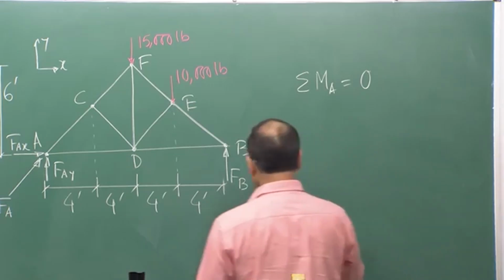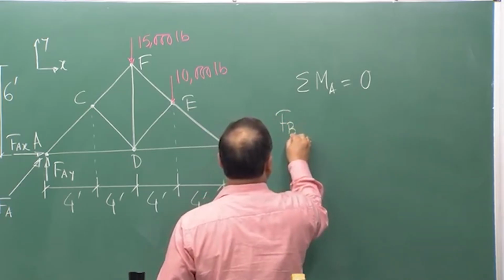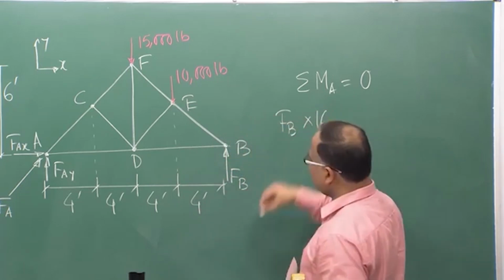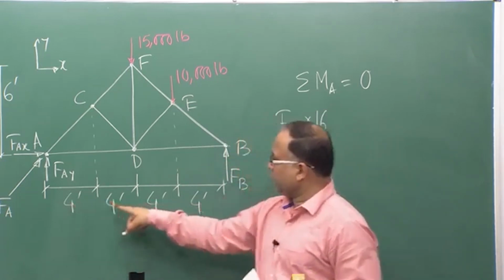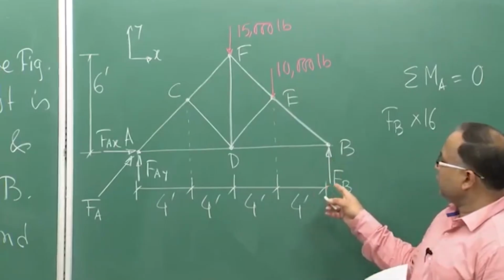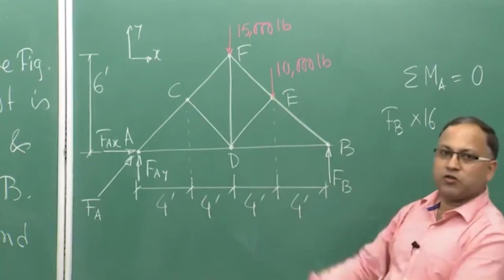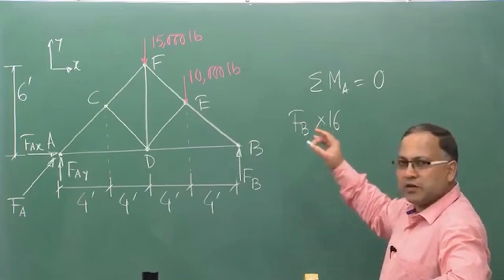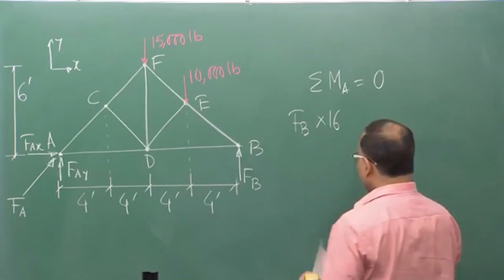So, what I get is F B into 16 feet, 4 into 4 is 16. F B into 16 gives the anticlockwise moment, and as per our convention from the last lecture, anticlockwise moment is positive.